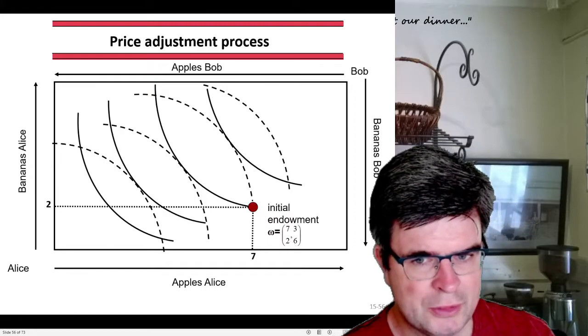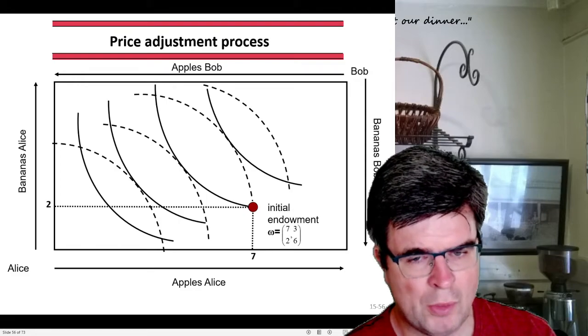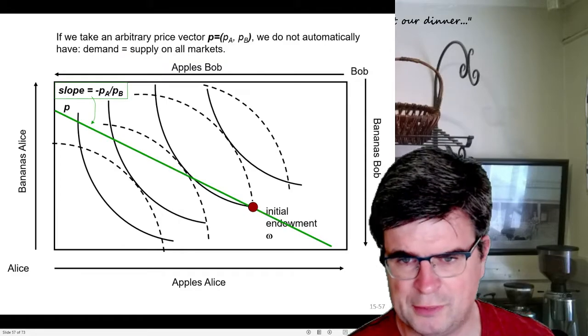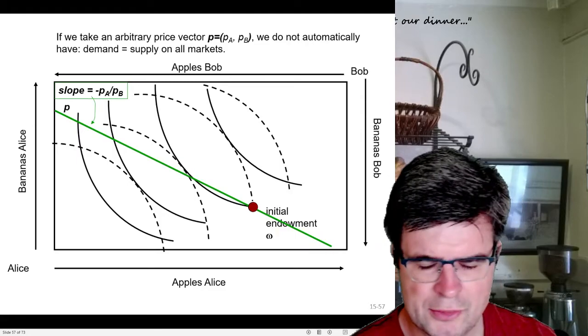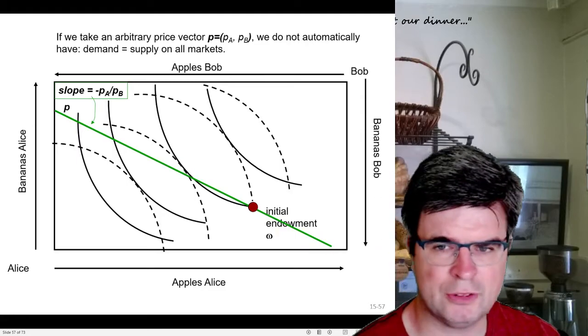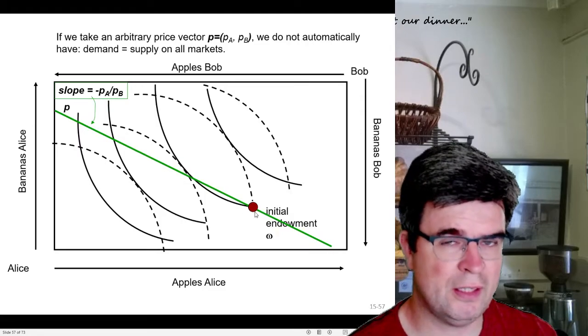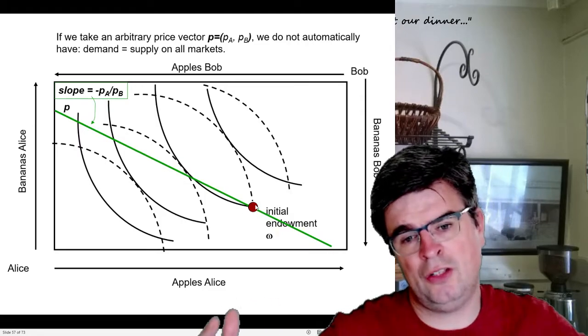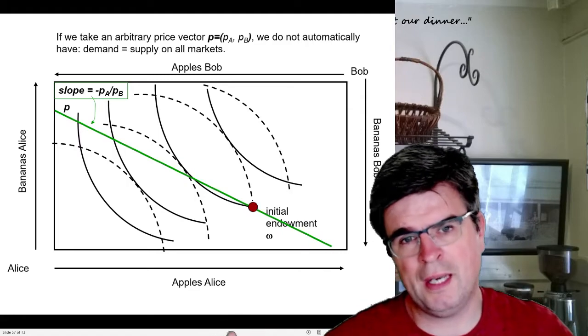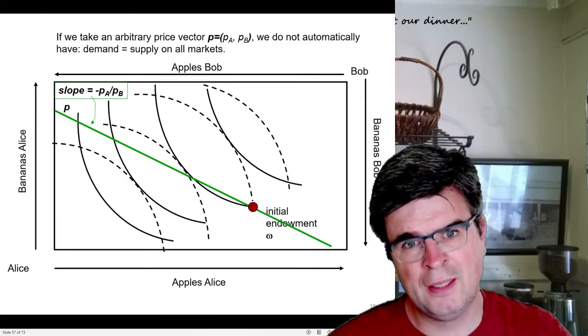Now suppose that both of them are confronted with prices. Focus on Alice. There's a certain price for apples and bananas. Her budget is given by the initial endowment, so the initial 7 apples and 2 bananas is what Alice has.